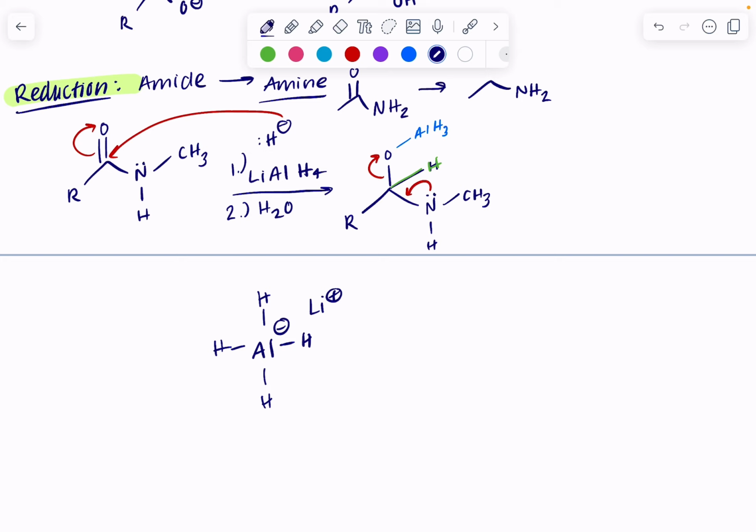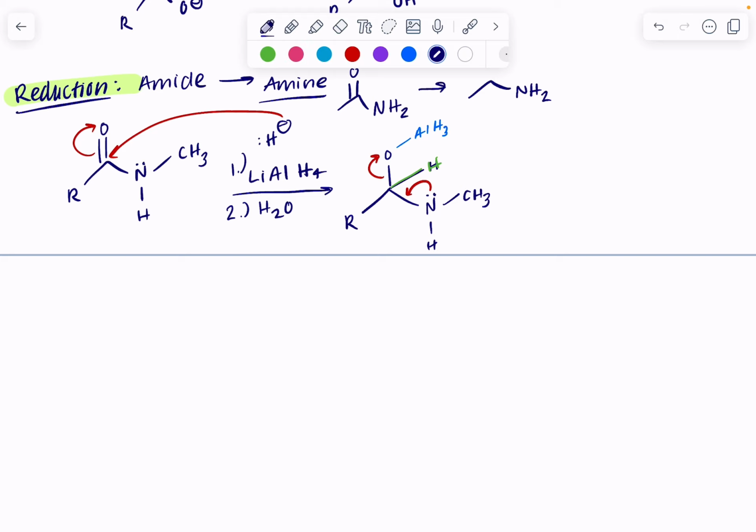So that negative charge gives off a hydrogen, and that gives it a neutral charge, and then the oxygen can attack it and form a bond. That's just sort of what's going on, but I wouldn't focus too intently on that because it's not the main thing that we should focus on in a reduction.